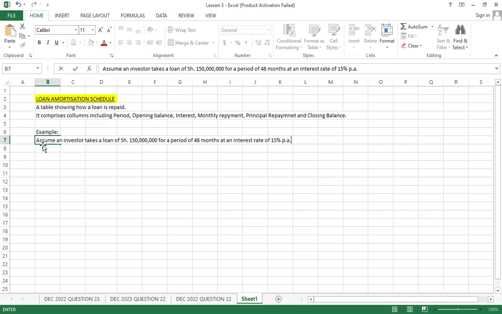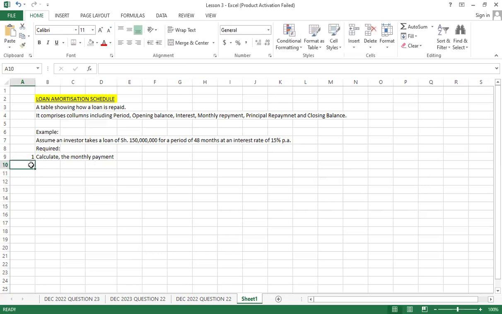Below this, we can say required. Now, two things. One, calculate the monthly payment.